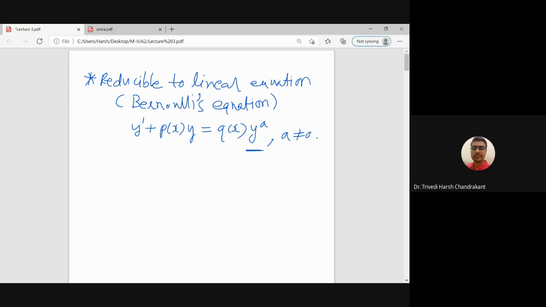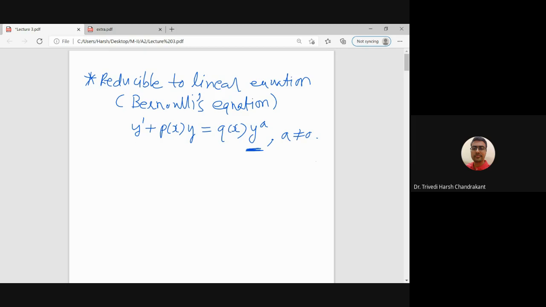So to solve this type of differential equation, what we will do is convert it into a linear form in y.